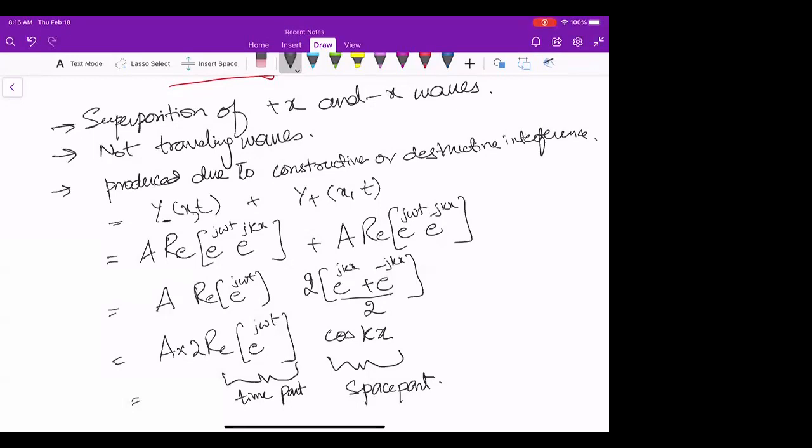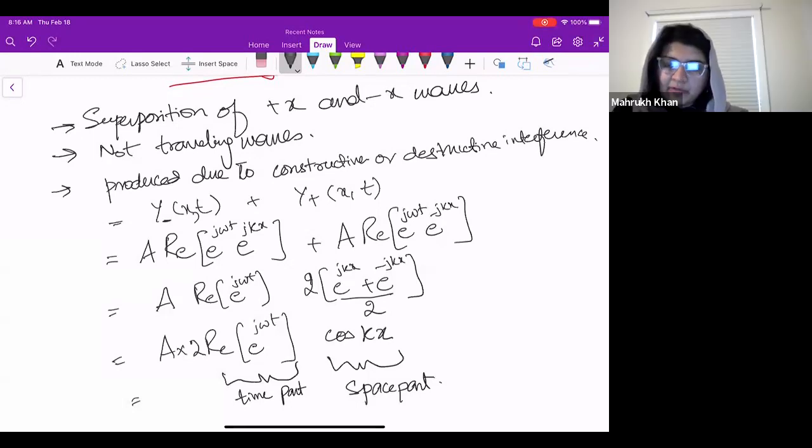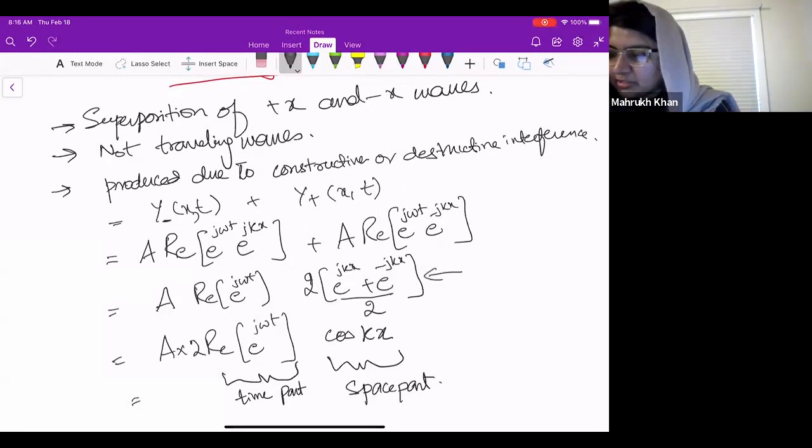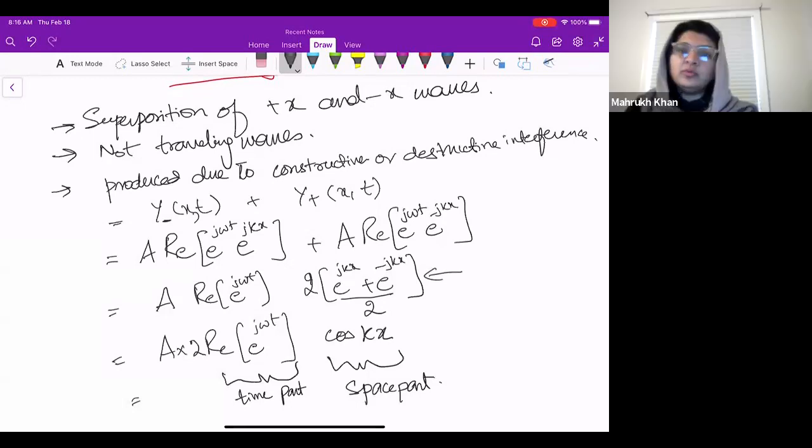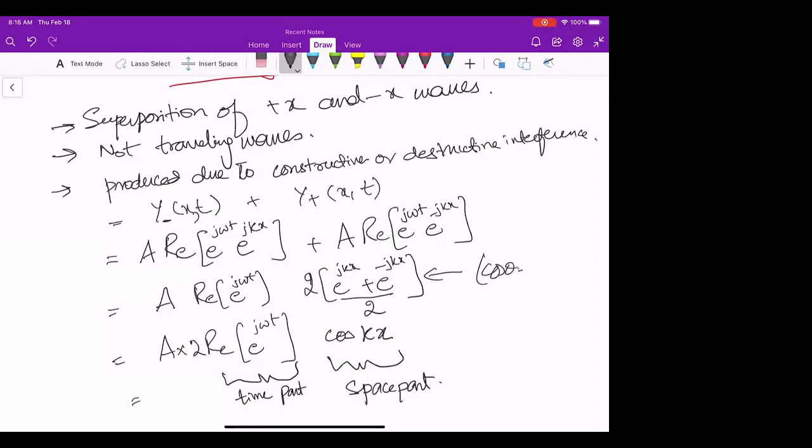I'm just confused about where the divided by 2 comes from. So we multiply with 2 and divide by 2 to make this as cos, because cos is equal to 1 by 2 (e^jx plus e^minus jx). Okay, thank you.